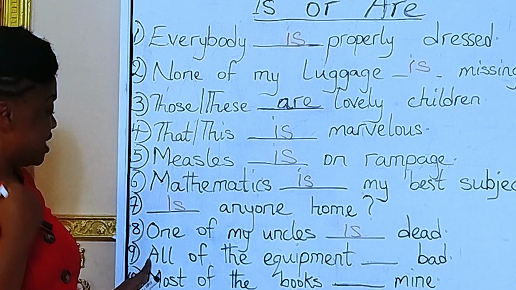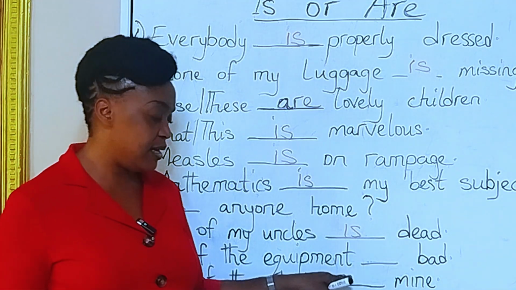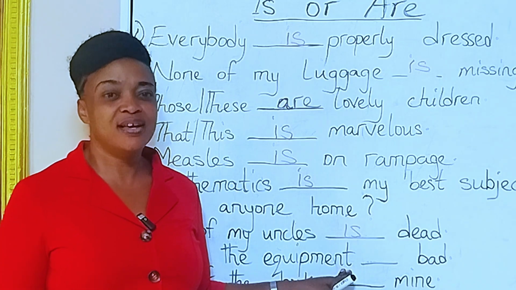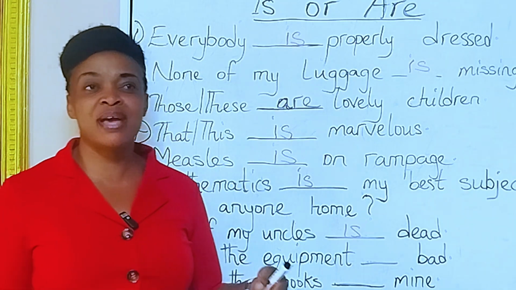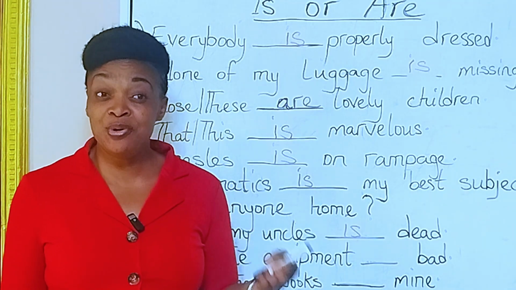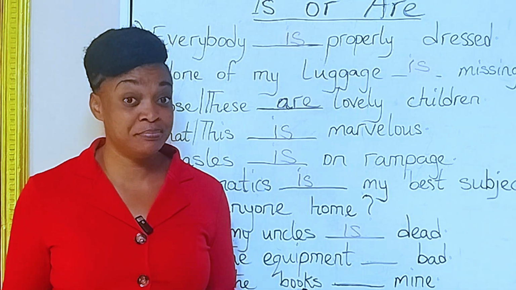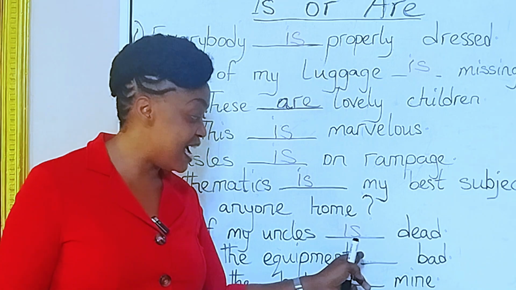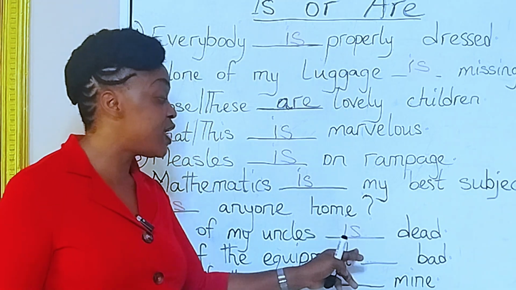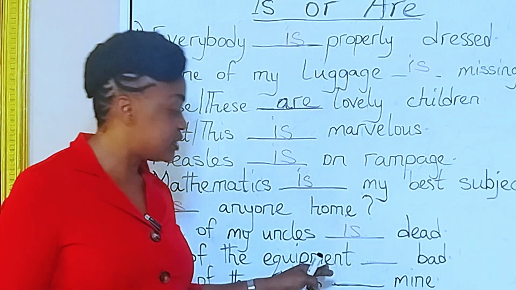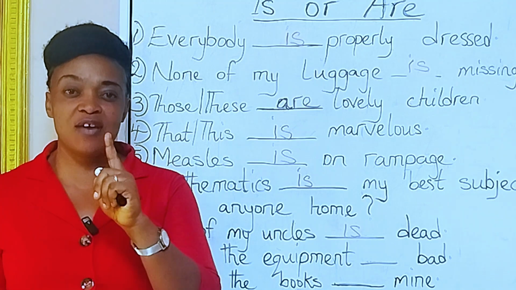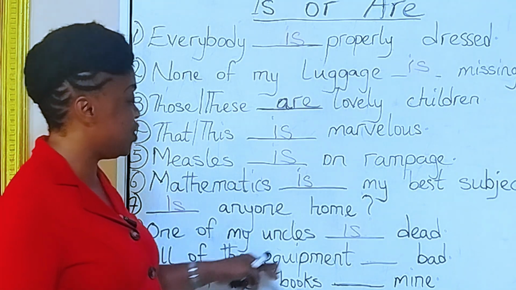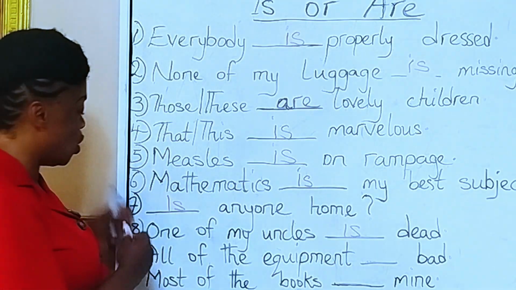Okay, number 9. All of the equipment. This is another uncountable noun, equipment. You don't see equipment as more than one, even though you may have millions of them. Equipment cannot be pluralized. You can't add s to it. So because we can't add s to it, we consider it as a singular form of a noun. Therefore, we say all of the equipment is, despite the word all.